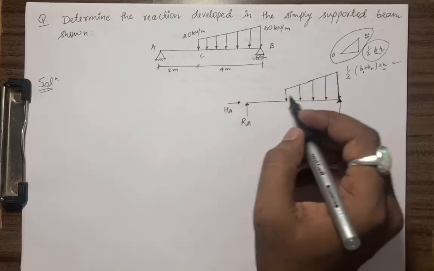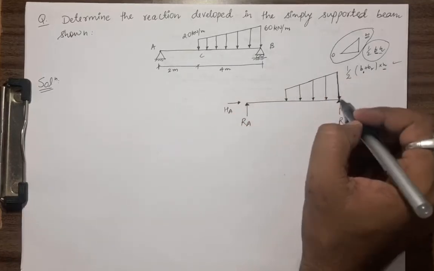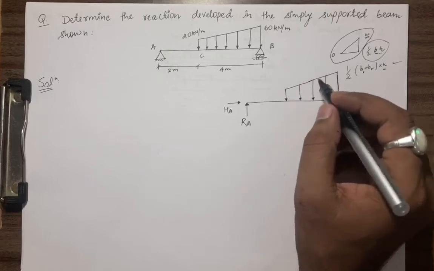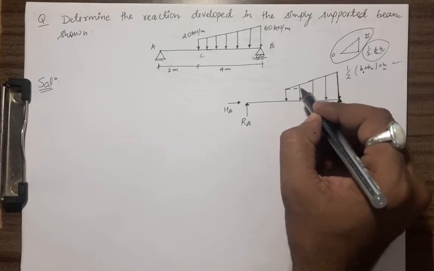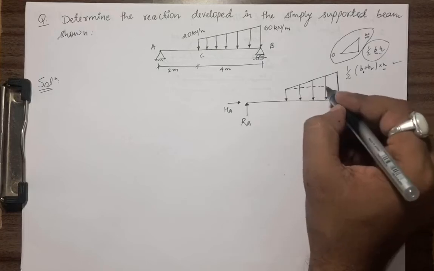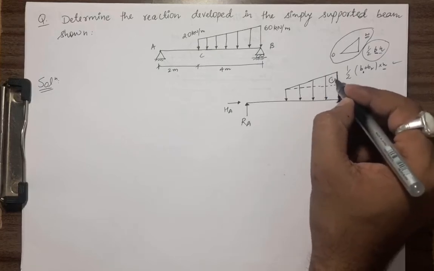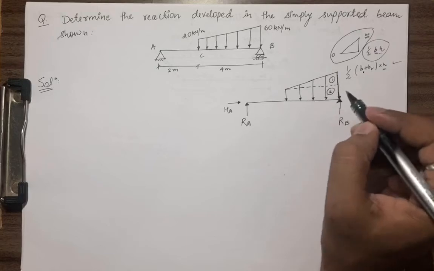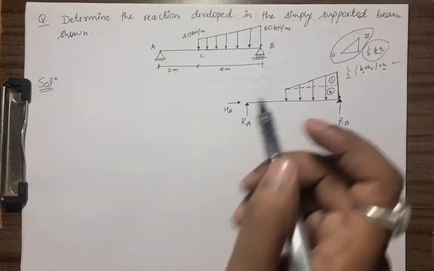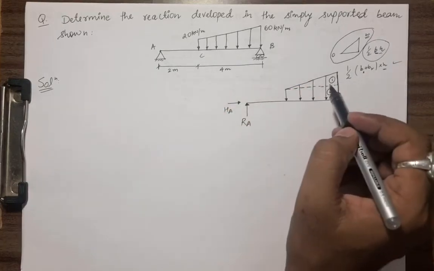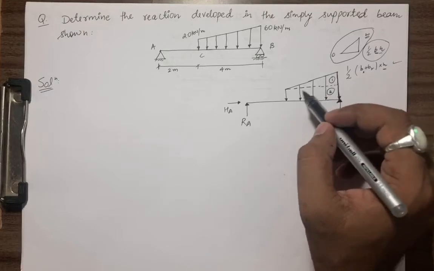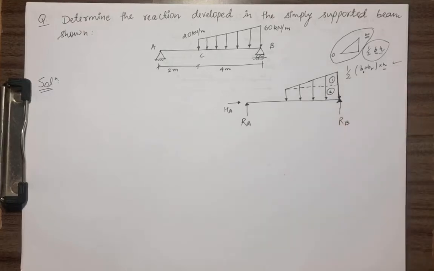So this question can be solved either by taking it as a whole trapezium, or we can divide this loading into two parts. First one is triangular, second one is uniform. As compared to trapezium, it is easier to solve the loading in triangular and rectangular form.